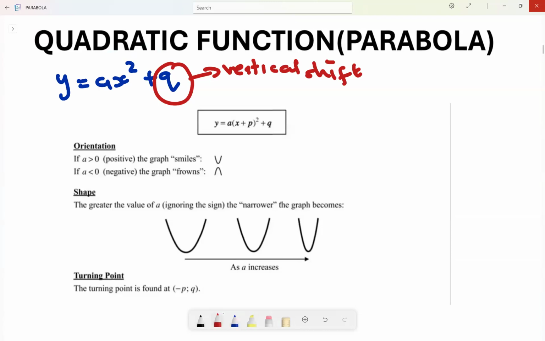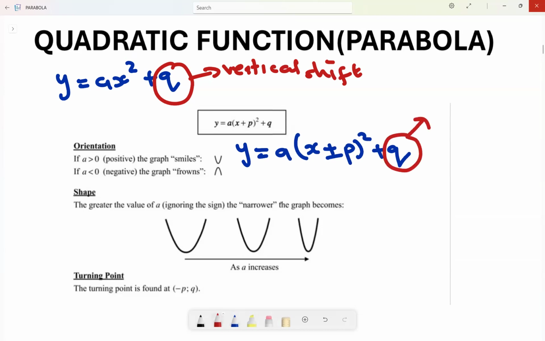For us to introduce horizontal shift, we need to say y is equal to a into (x plus or minus p) squared plus q, where q is still the vertical shift.